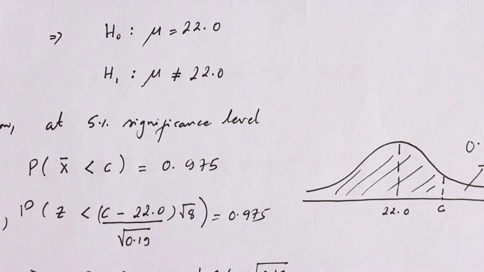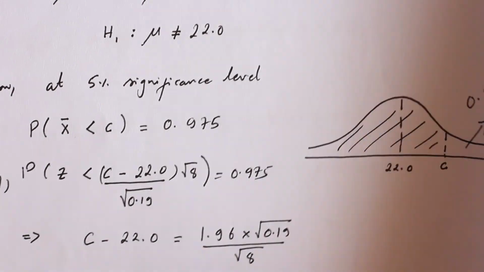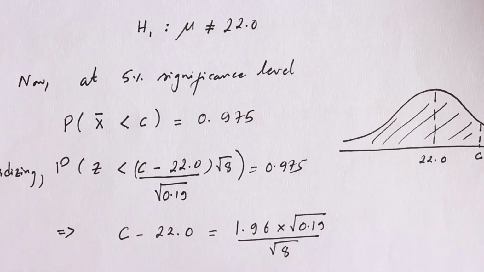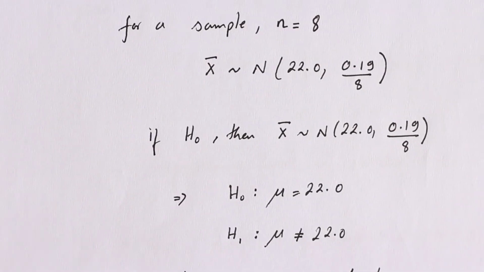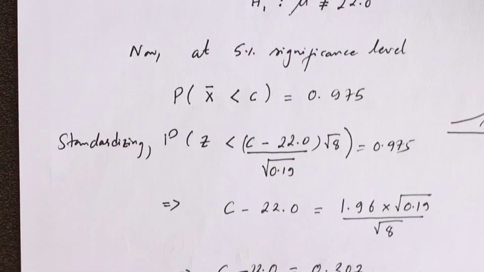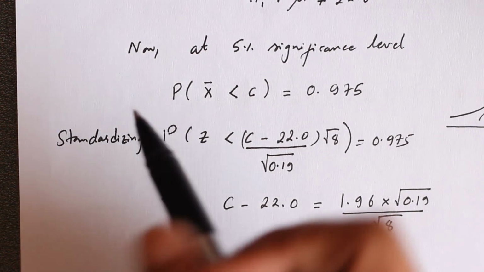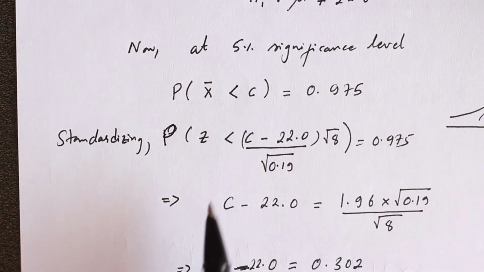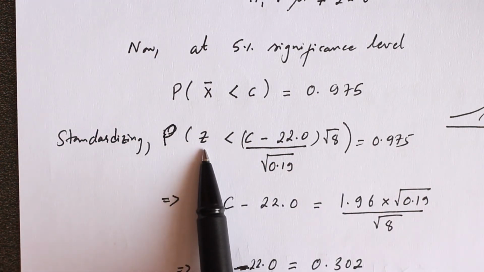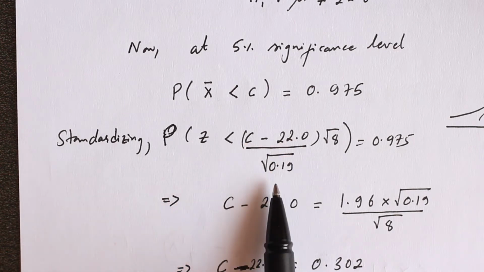Now we will simplify this and find the answer. If you standardize, the probability that the Z variable is less than (C minus 22) divided by sigma.